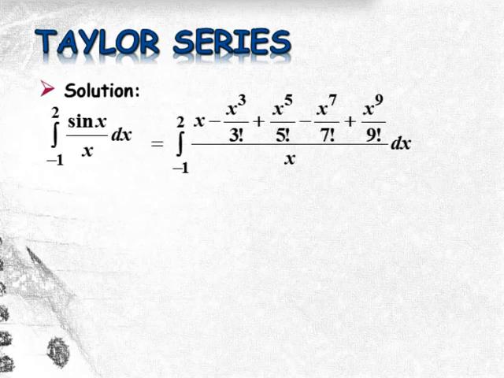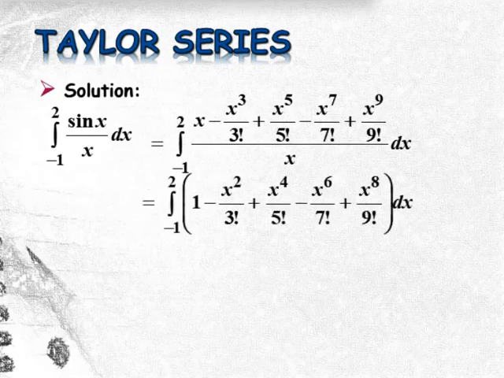And then, divided by x, ending up with 1 minus x squared over 3 factorial plus x to the 4th over 5 factorial minus x to the 6th over 7 factorial plus x to the 8th over 9 factorial. Then, find the integral of each term.